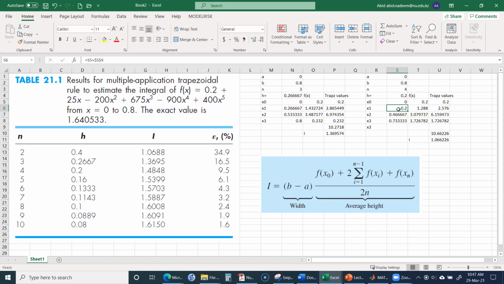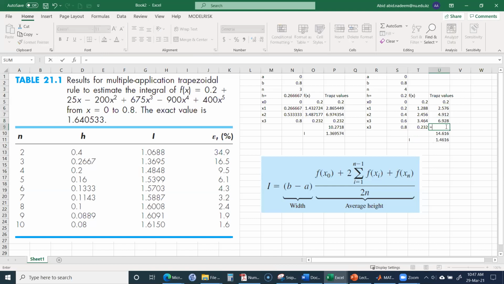Now the first value will be the same, all the middle values will be multiplied by 2, and the last value will be the same.